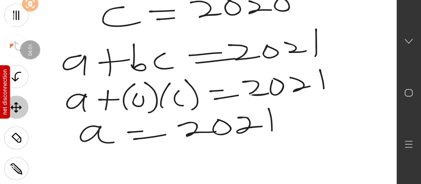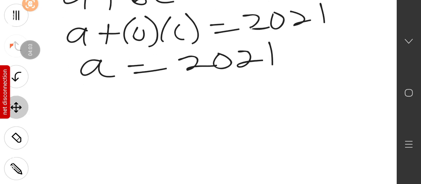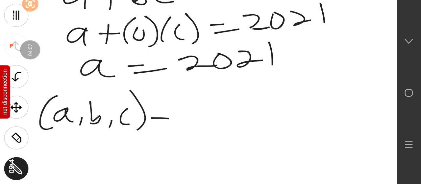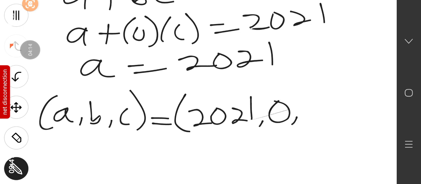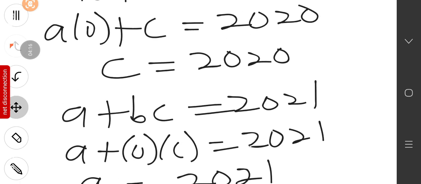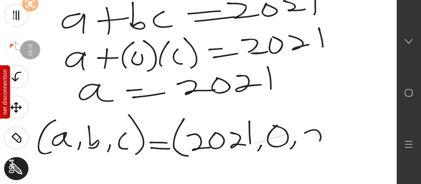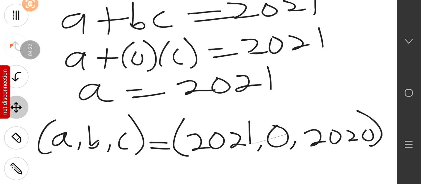Now we know the values for A, B, and C: A is 2021, B is 0, and C is 2020.